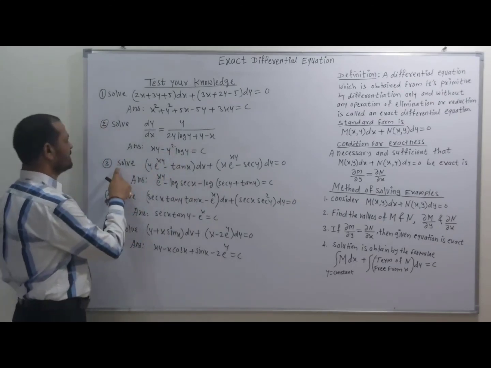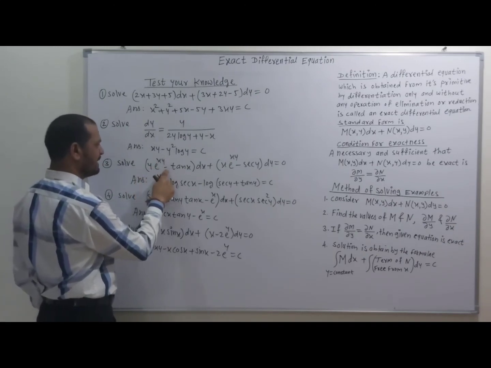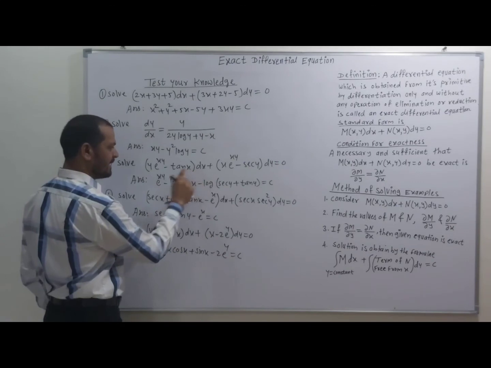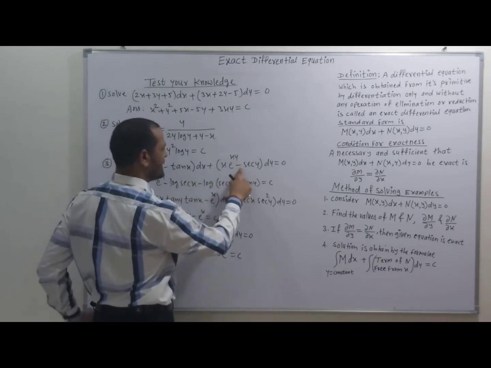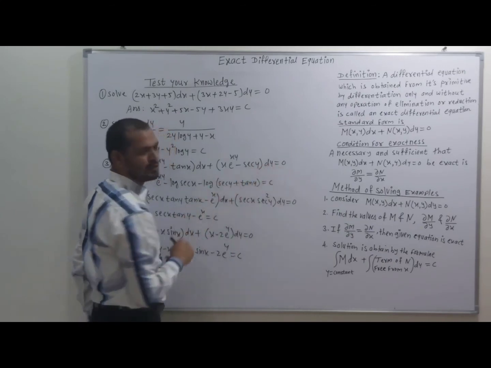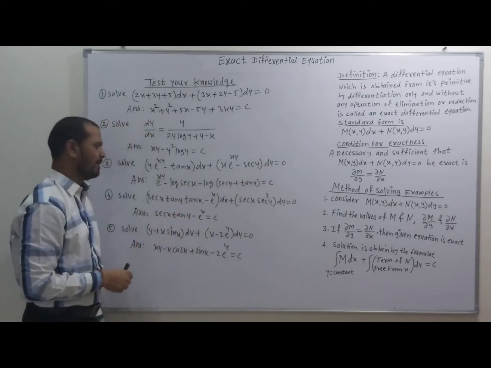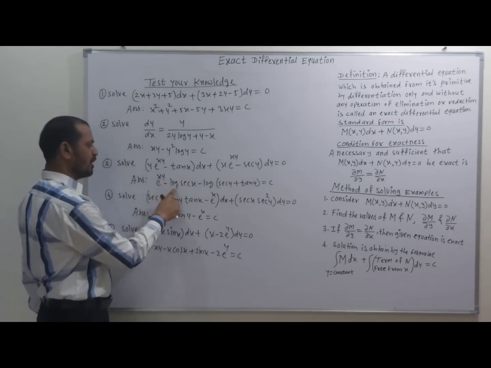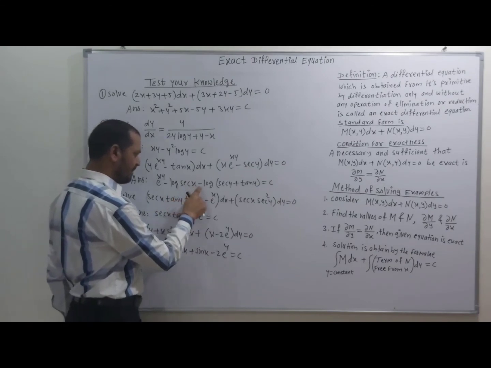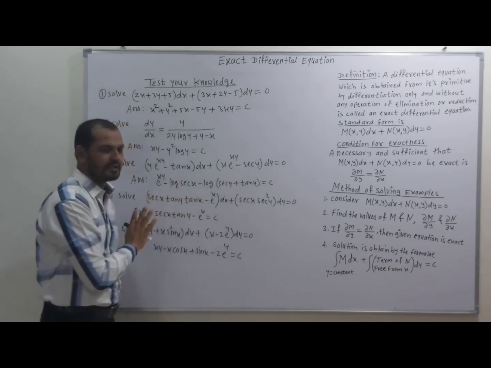Now the third example is: solve (y e raised to xy minus tan x) dx plus (x e raised to xy minus sec y) dy is equal to 0. So this is the value of m, this is the value of n, directly the standard formula. So now the answer is e raised to xy minus log of sec x minus log of sec y plus tan y equal to c.